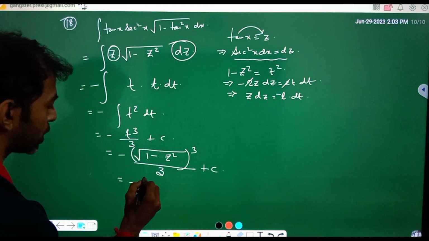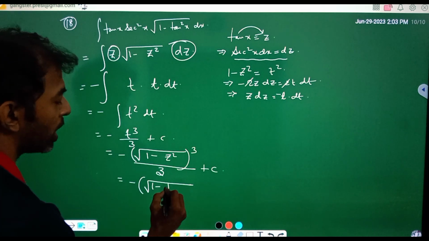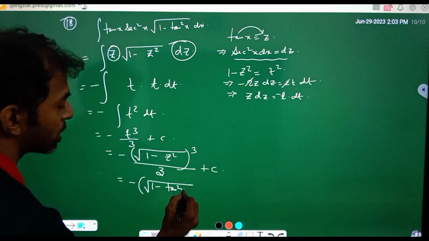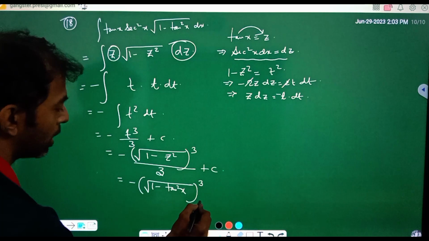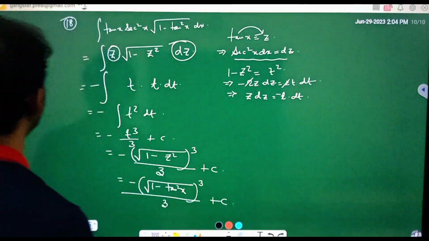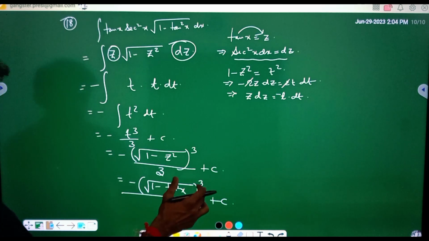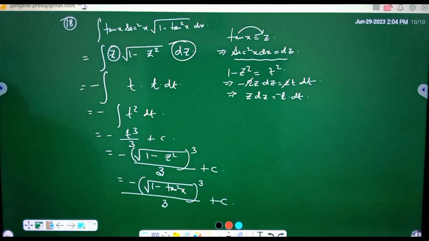So that is minus 1 by 3 times root under 1 minus tan square x, whole power 3, plus c, where c is our integral constant, and that's our problem. You may also write 1 minus tan square x whole to the power 3 by 2, so no problem about that.